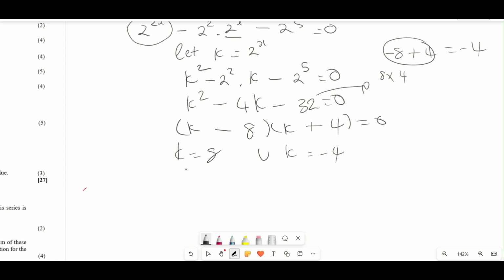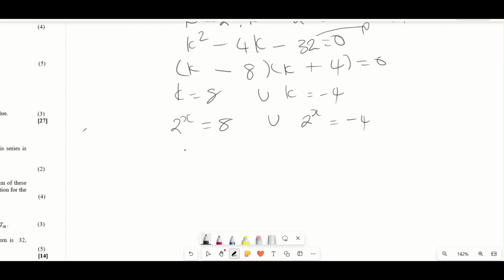If I resubstitute, I'm not looking for k, but I want x. I know that k is 2 raised to the power x, as we defined here. So I have 2^x equal to 8, or 2^x equal to negative 4.